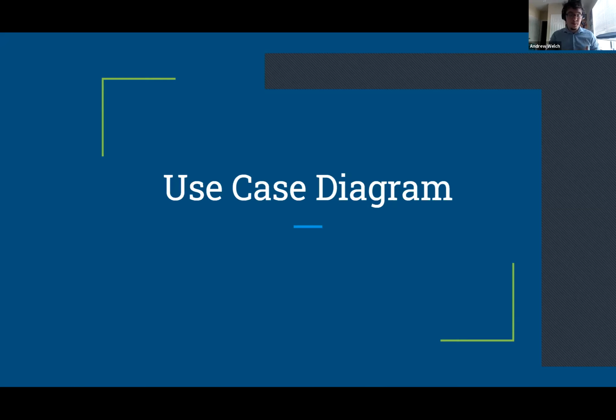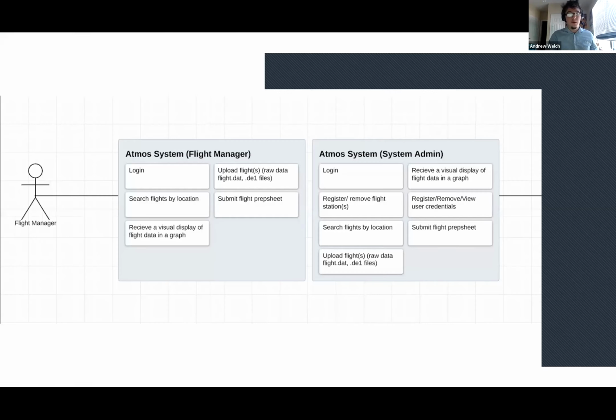We're going to talk a little more in detail about what that means in our use case diagram and our system diagram. In our use case diagram, we'll talk about the general kinds of users our system can support and the things they can do. We have a flight manager and a system admin. The only major difference is that a system admin can add additional flight stations.